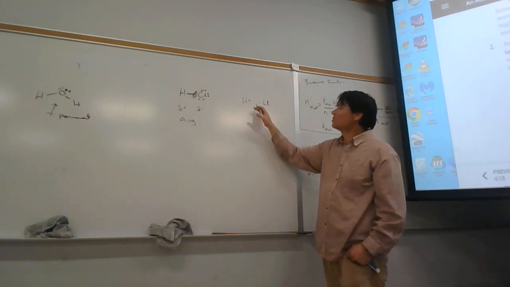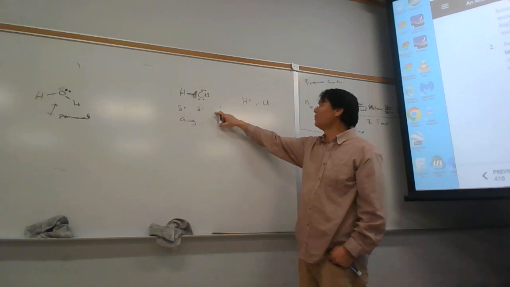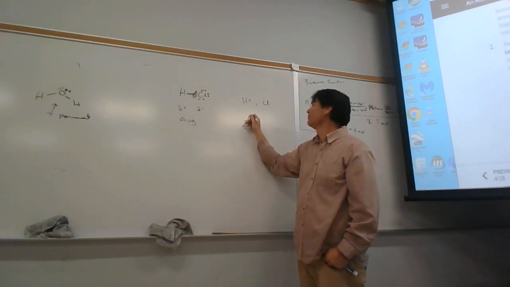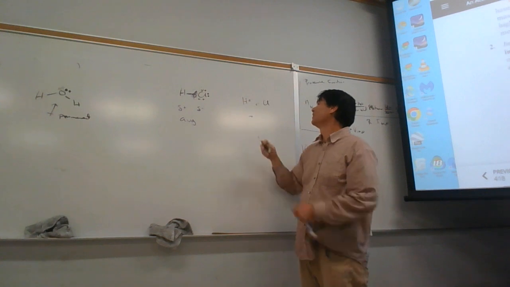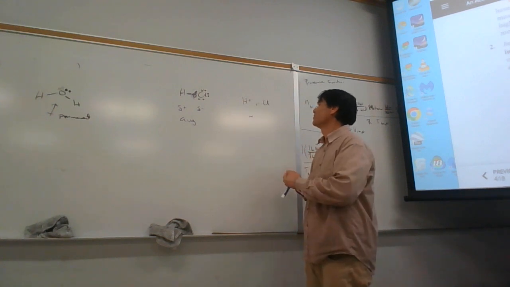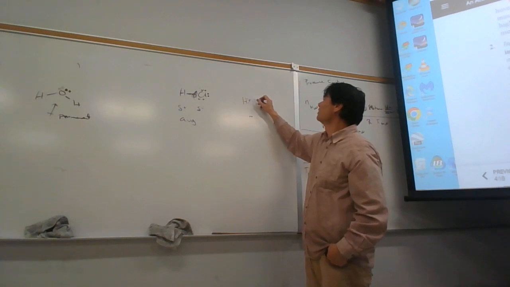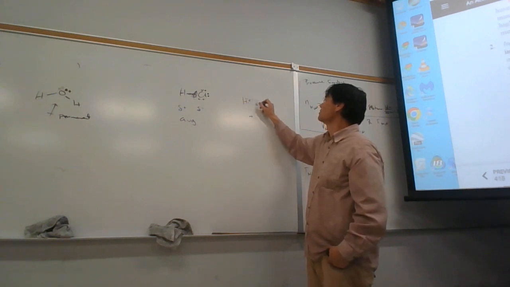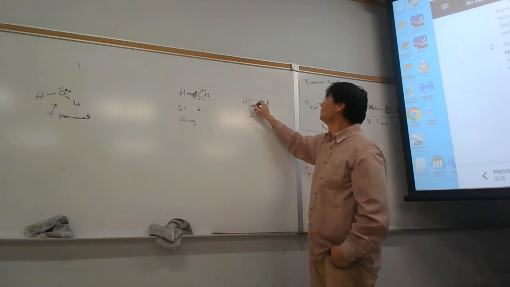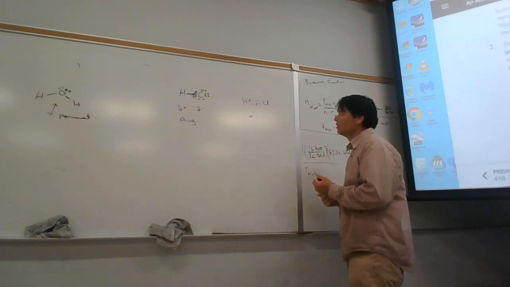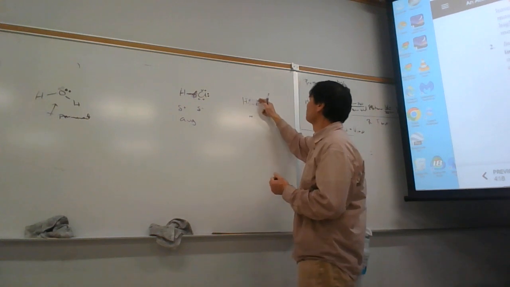If the two electrons are closer to hydrogen, then what happens to the dipole? The dipole shrinks down. And so here the dipole's shrunk down. Maybe if the two electrons get very close to hydrogen, it can go even smaller.